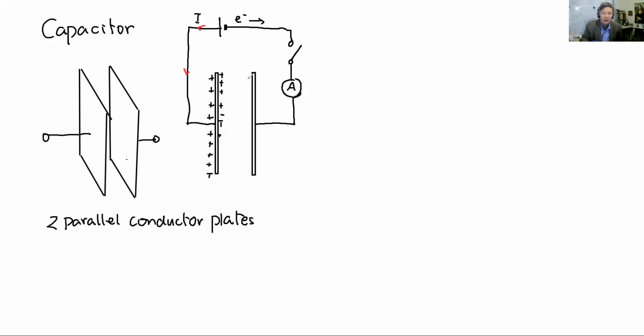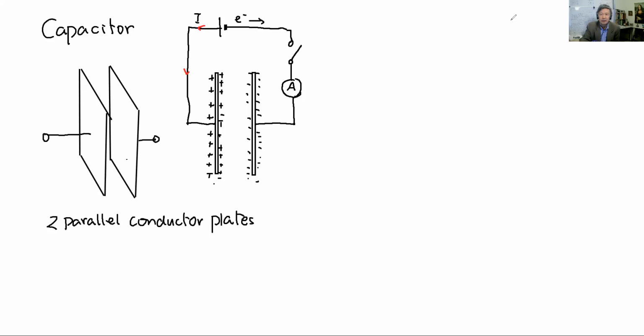And of course, as a result, the electrostatic field will be generated. This is negative. You don't have to draw all of it, just draw some. As a result, an electrical field will be generated, from zero, from vacuum.